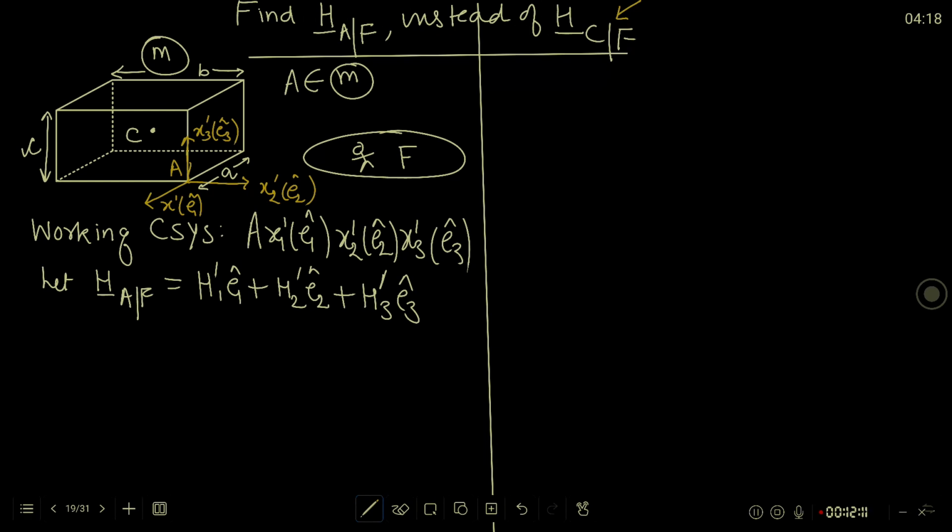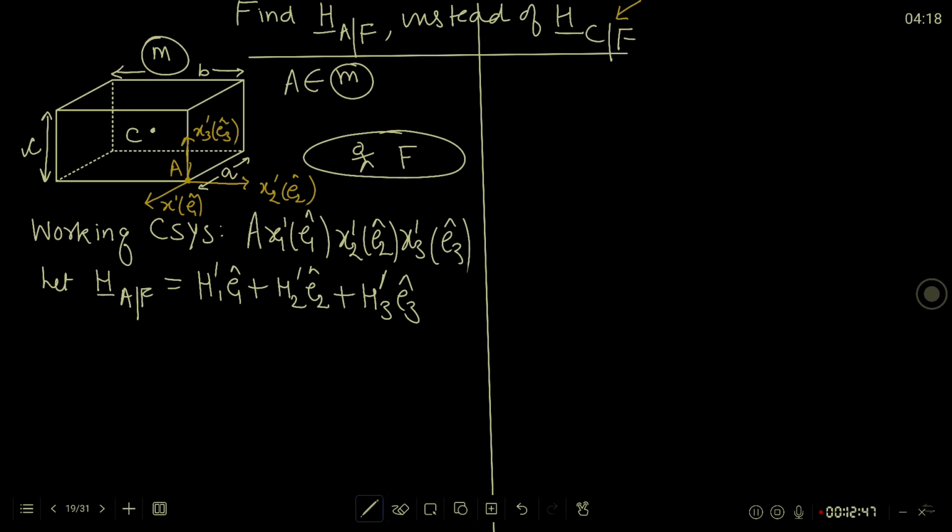Now suppose for some reason you are being asked to find HAF rather than HCF. What is A? A is a point fixed on the RB, and A is actually one of the vertices of the cuboid, specifically the one that I have marked there. We are being asked to find the angular momentum of the RB about point A with respect to F.